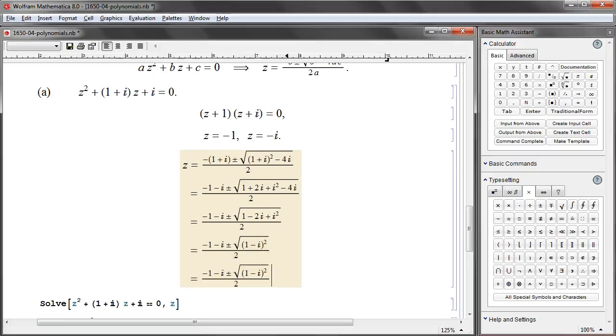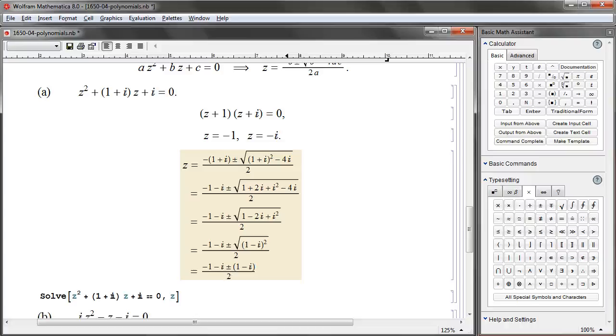And this is what we get. Square and square root cancel out, and we have plus or minus of that. So I don't have to worry too much about absolute value. As a matter of fact, this is not real, so absolute value does not matter. Square and square root cancel out, and we always have plus or minus.